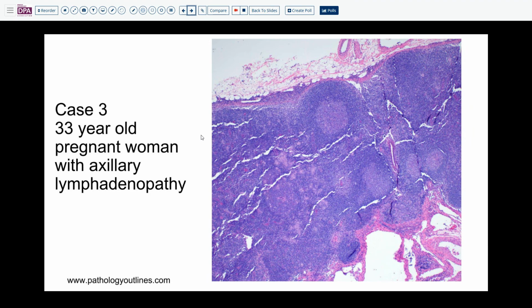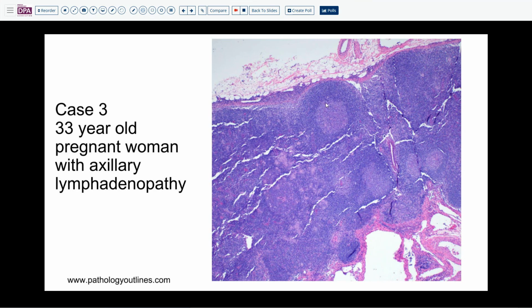Anyone want to take a try to tell me what pattern of expansion? Or I can just go ahead, it doesn't matter. So this one has a kind of mixed pattern.